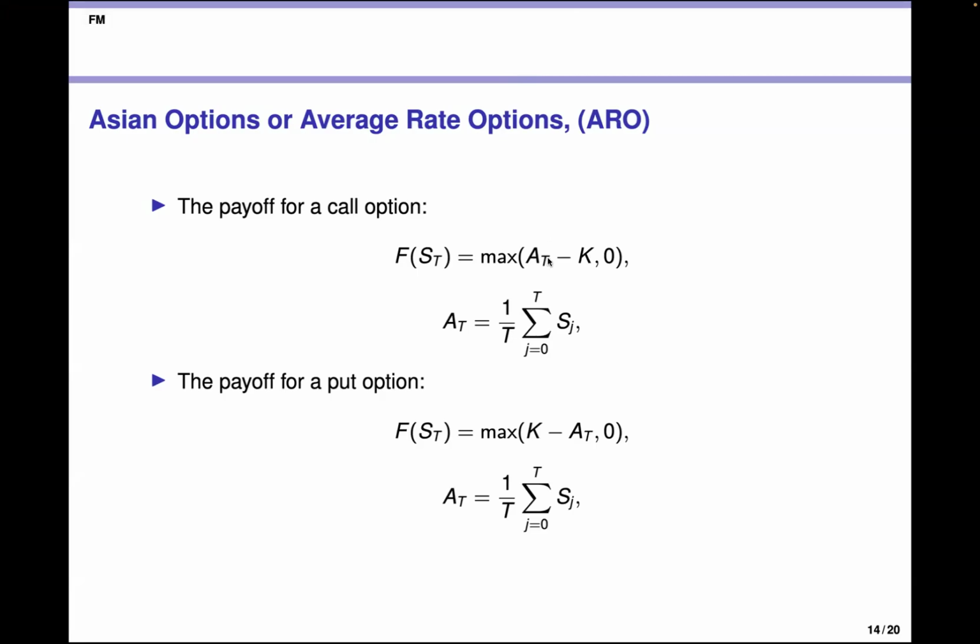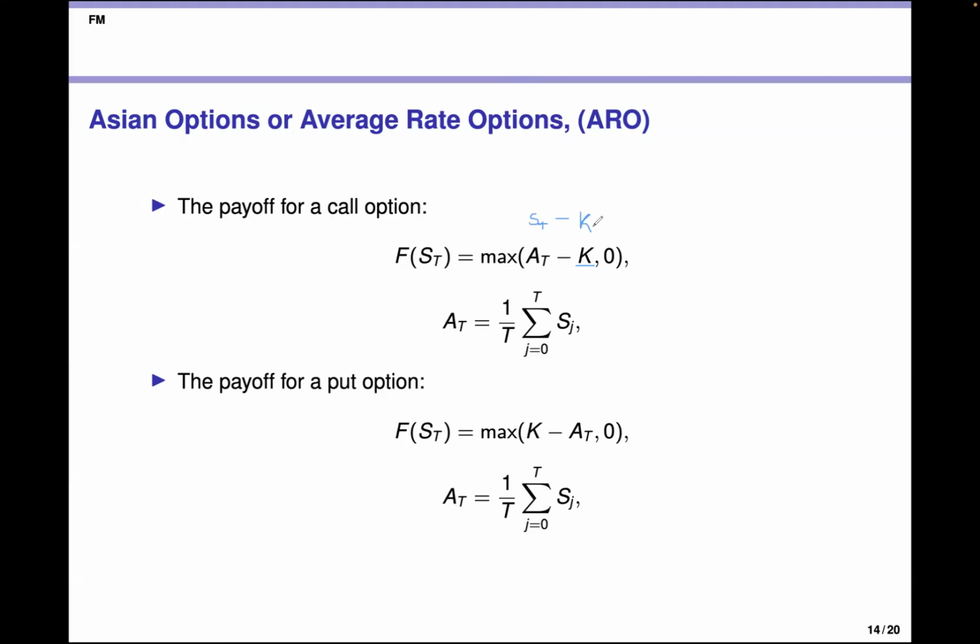Put strike and call strike. Yes, you're right. It is S_T minus K, the market price at this moment T minus K, and that's all.